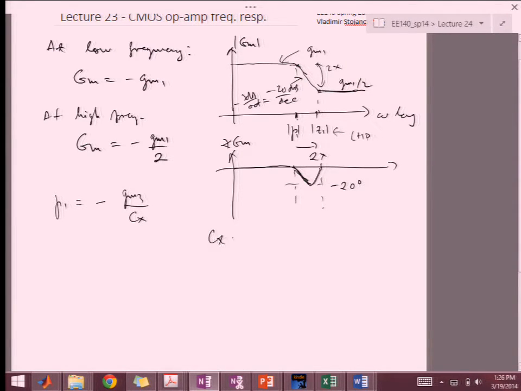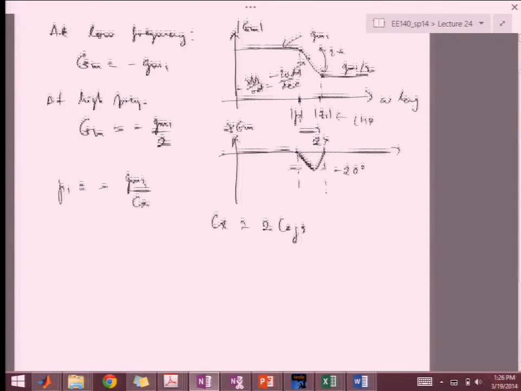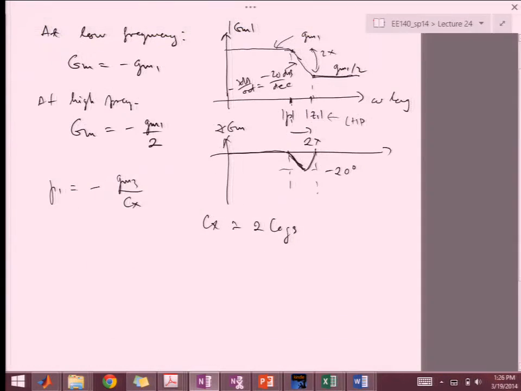So Cx is approximately 2 Cgs, because it's Cgs3 plus Cgs4 plus some little junk. So with this, P1 is equal to minus GM3 over 2 Cgs3. So it's approximately minus omega T over 2.